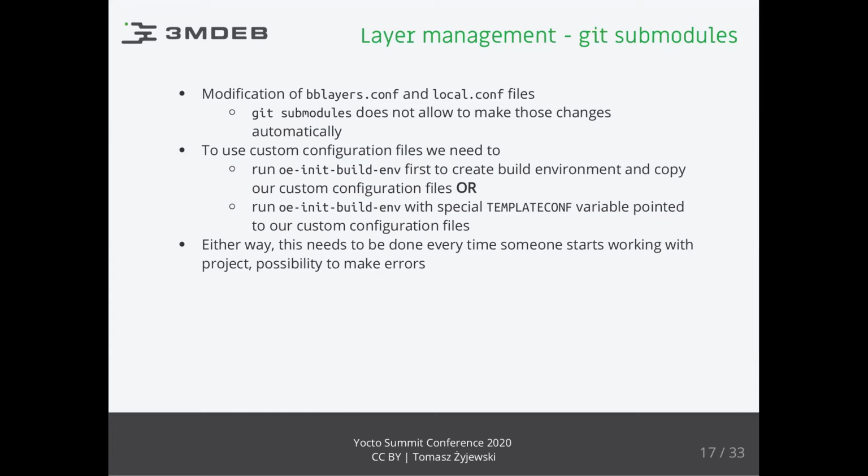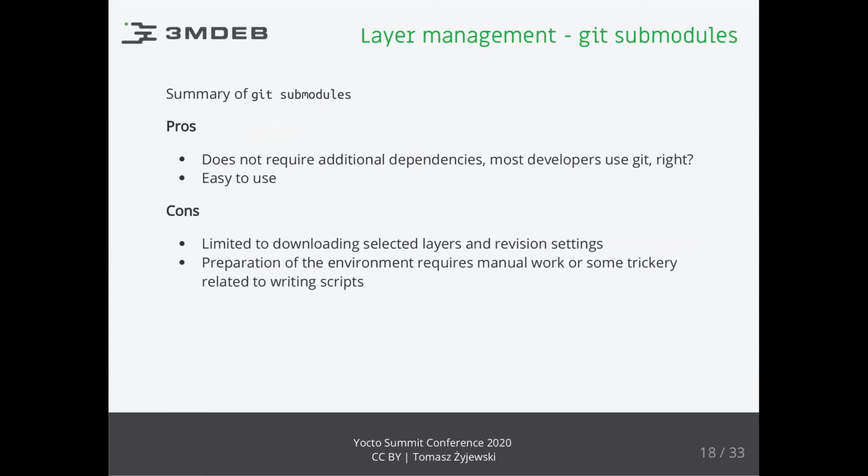Such files must be kept somewhere else, for example, in our custom meta layer. Then we can just copy them after we run our init build environment, or just run our init build environment with a special variable, which is TEMPLATECONF. However, it should be remembered that each additional command required to be entered by the developer means another possibility of an error.